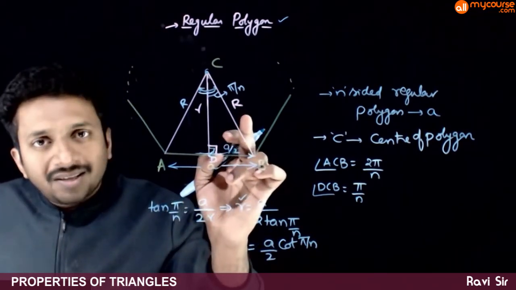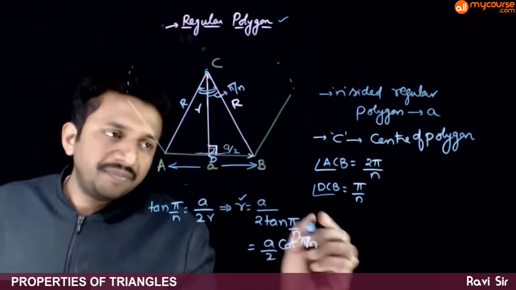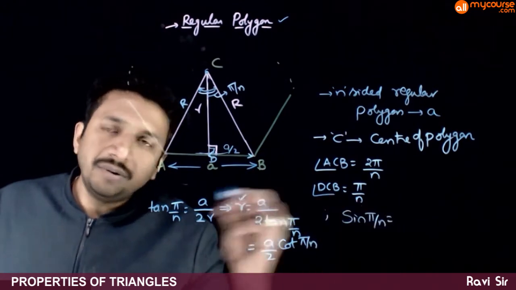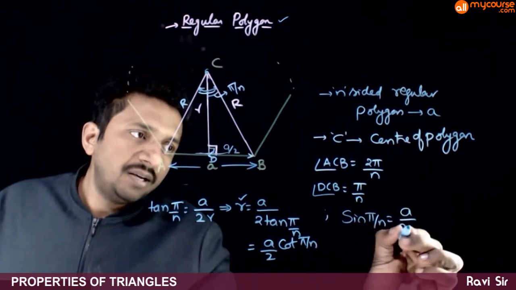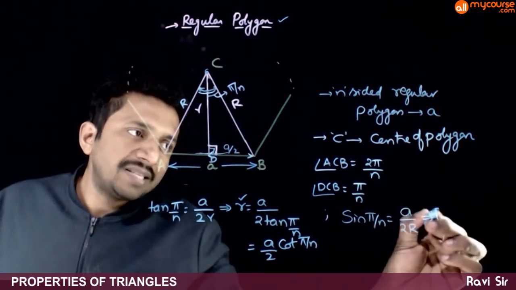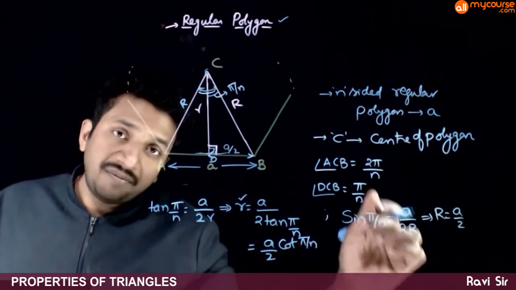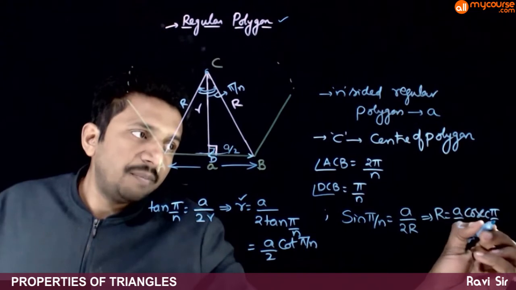Similarly, if you want capital R, we use the ratio sine. So sine pi by n is equal to opposite side by hypotenuse, A by 2 capital R. This implies capital R is equal to A by 2 sine pi by n. If it goes to the numerator, it becomes cosecant pi by n.